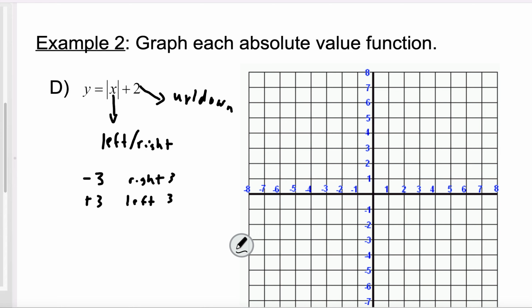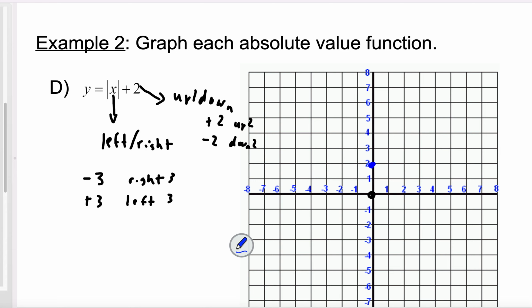On the outside, if it's a +2, we're going to move it up 2. If it's a -2, we'd move it down 2. So in other words, always think about it sitting here at 0, 0 to begin with. So there's nothing, we're not moving it left or right at all in this case. We're just going to move it up 2. So let's move it up 2.